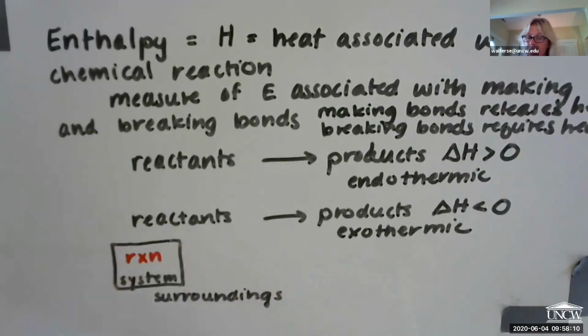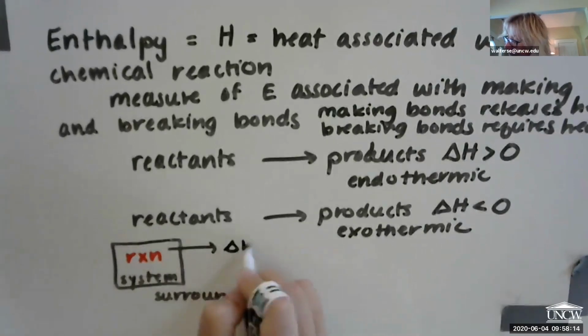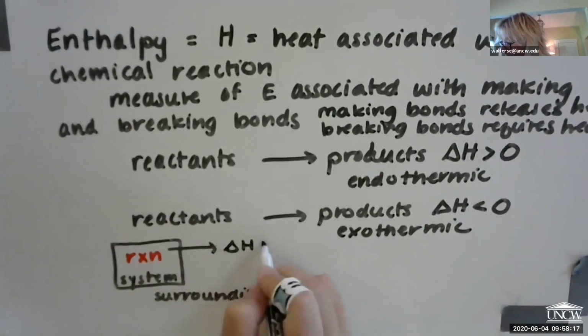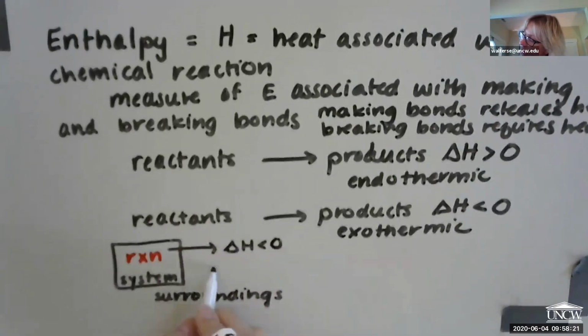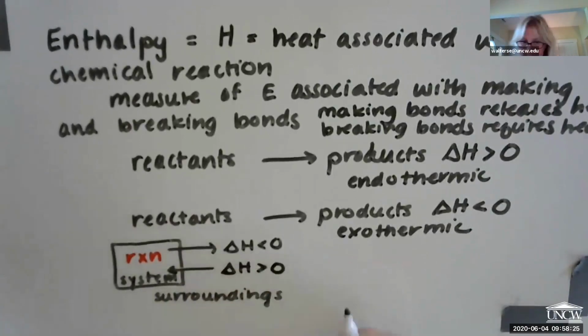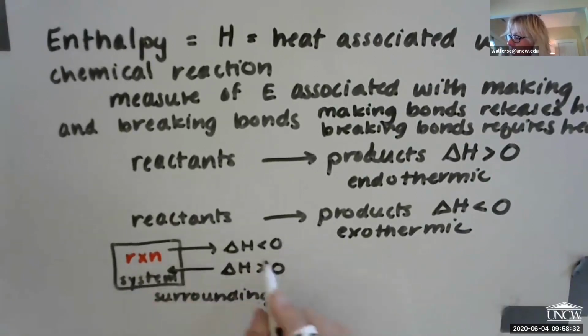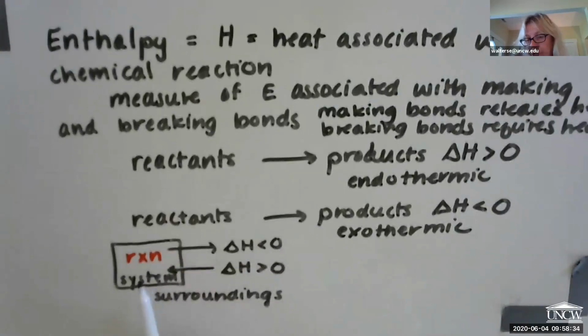So you can either say that heat leaves the system, or heat enters the system. So when you report the enthalpy, you're doing so with respect to the chemical reaction.